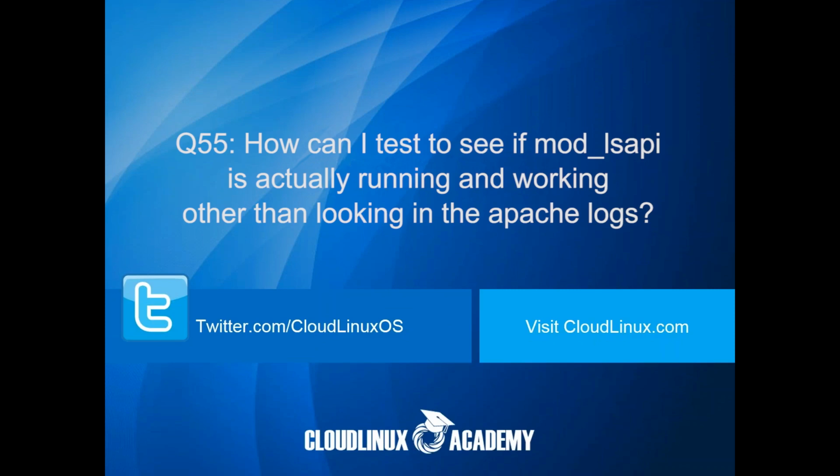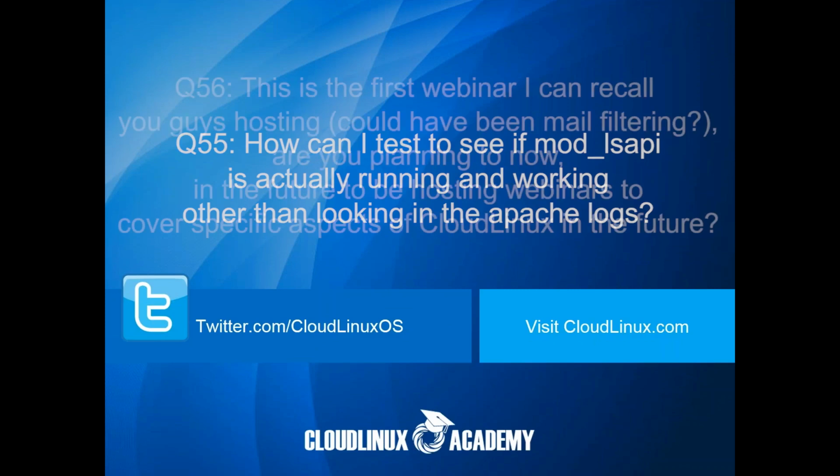This way you'll know that it is handled by LSAPI and not as SuPHP or FastCGI. Actually, what you should see is that it is handled by LiteSpeed's version 6.8. That's the handler that you should see as server API. I'm sending it so you can see exactly how it shows up.